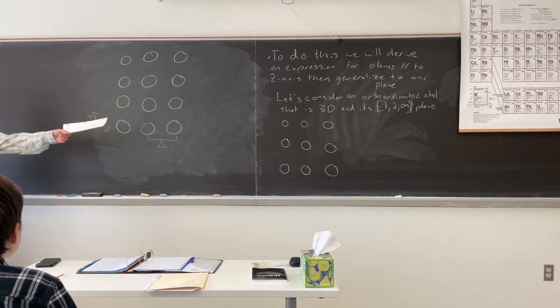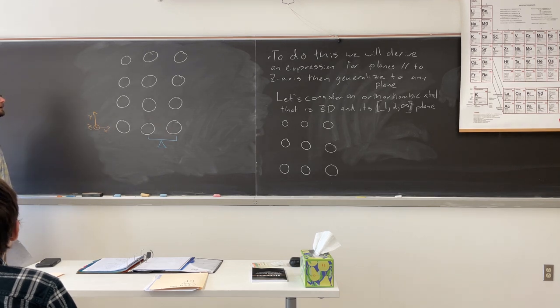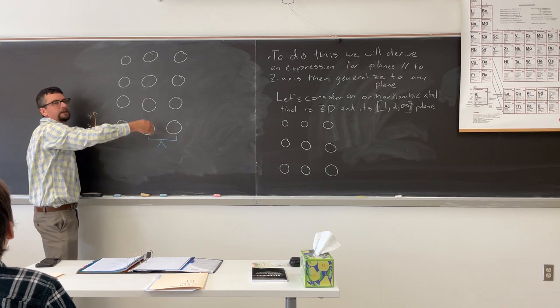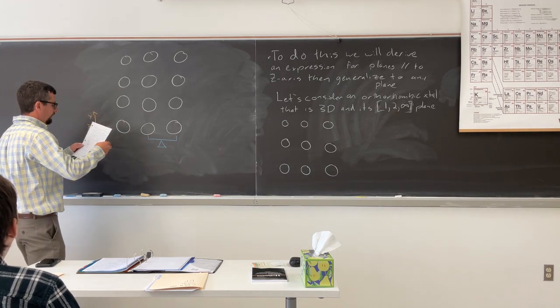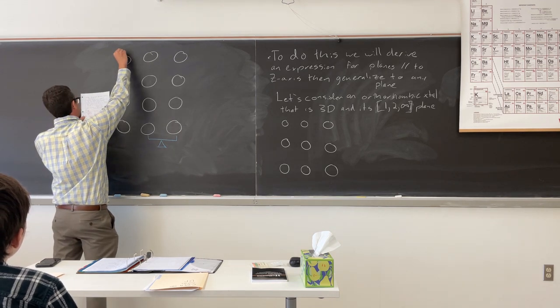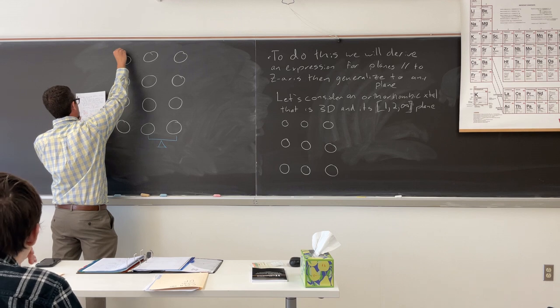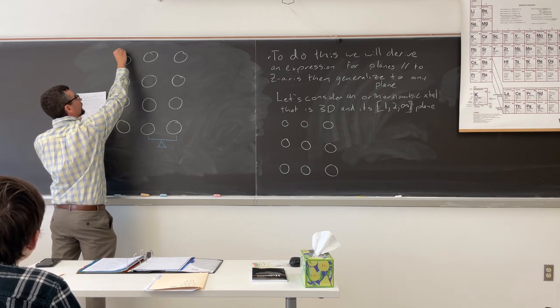Okay, if we're doing this direction, 1, 2, infinity, we're going to have a plane that we're looking down, correct? So we're talking about this axis along here. I got to skip these right so I do it right. So bear with me for a second.